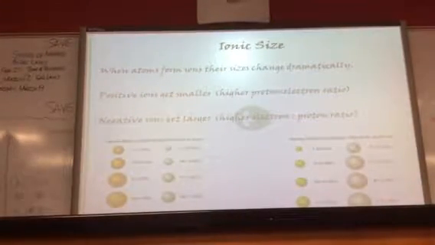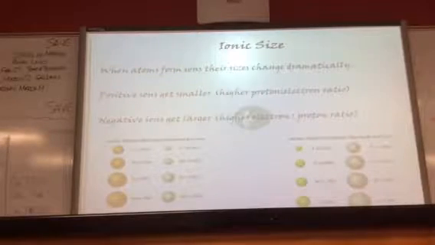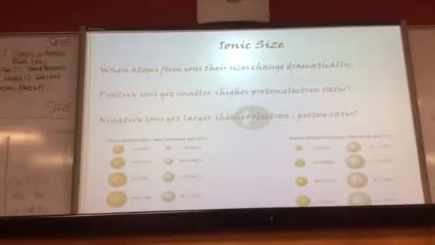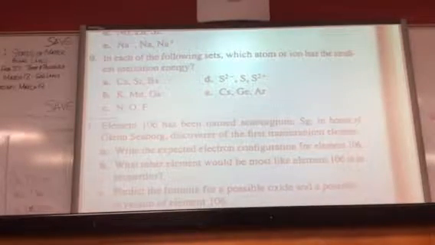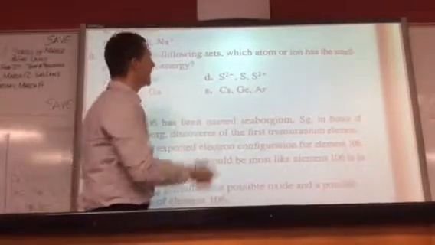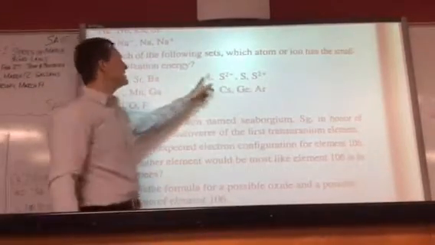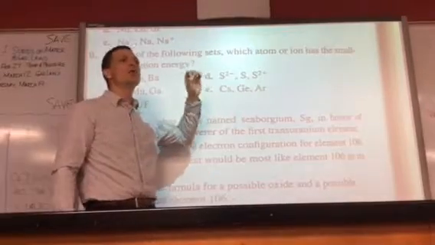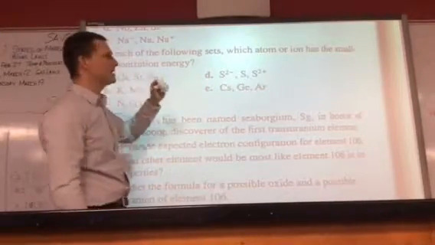Yeah, they do ask about increasing size comparing elements, not ions. But look at number 110. In each of the following sets, which atom or ion has the smallest ionization energy? Take a look at D. We're looking at the smallest ionization energy.